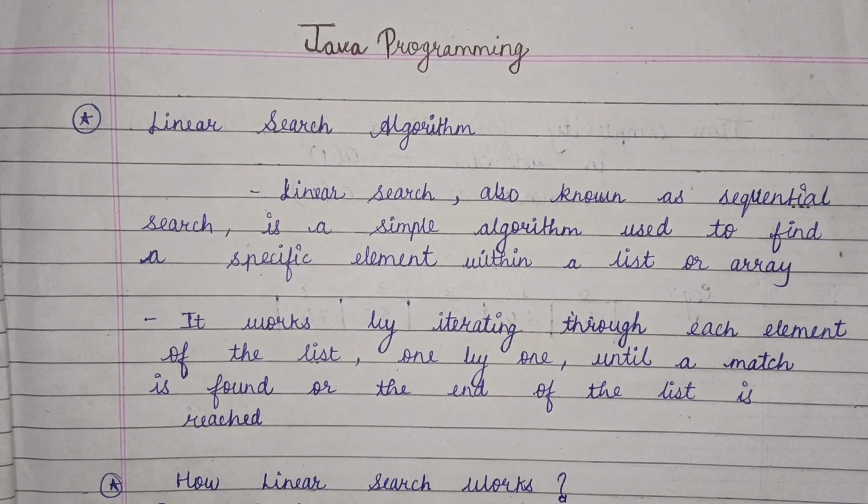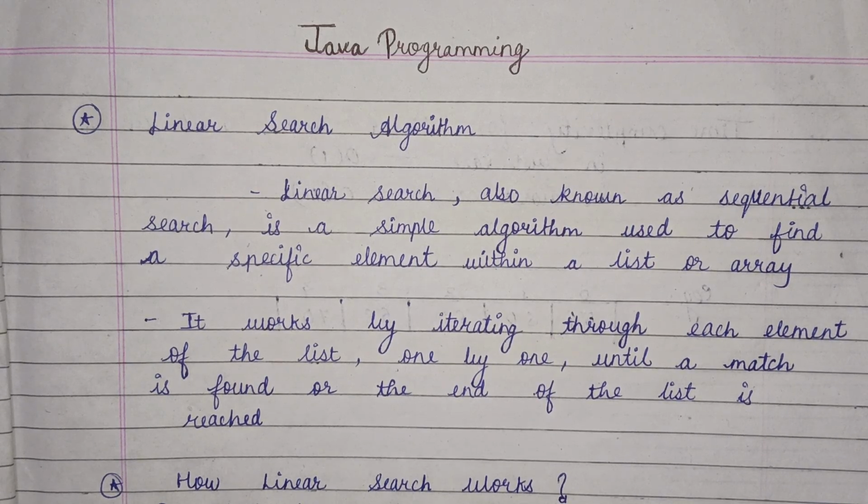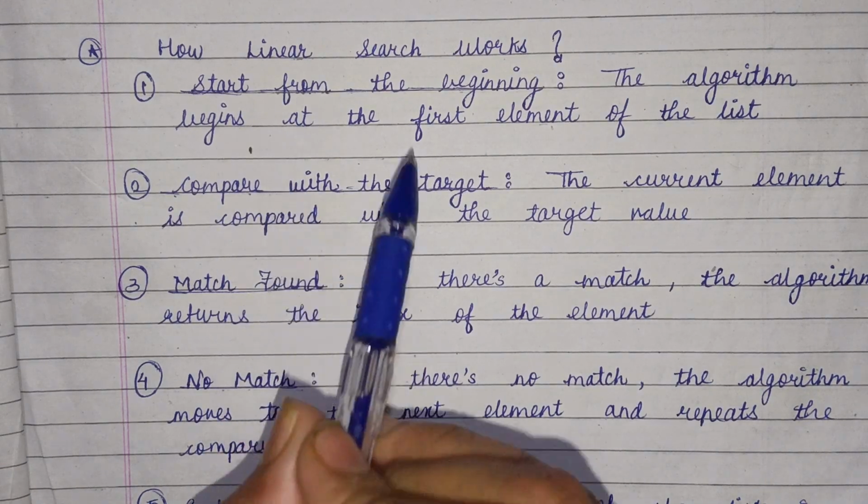It will go to each and every element from the starting of the list until the array or the list ends. It will go to each and every block or element and check whether the element present in the list is equal to the targeted element or not. Okay, how the linear search works.